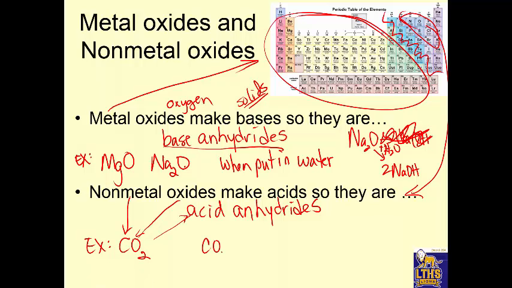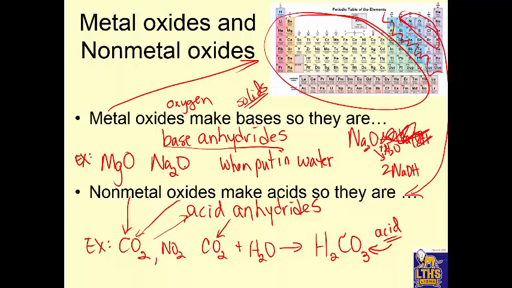When you put CO2 into water, you're going to get H2CO3, an acid. So an acid anhydride turns into acid when you put it in water. Another example is NO2. Another example is SO2. All of those are nonmetal oxides, and they are called acid anhydrides.